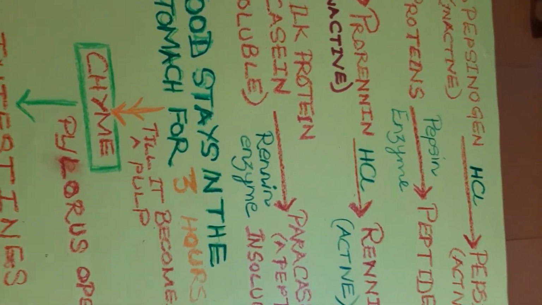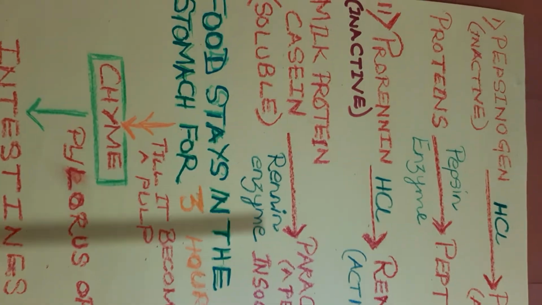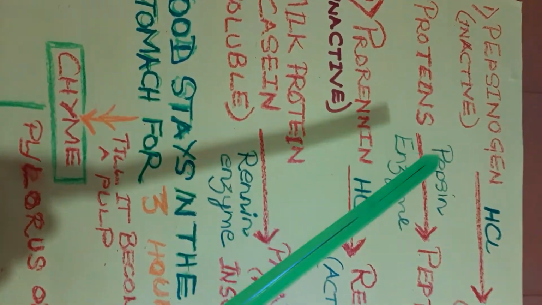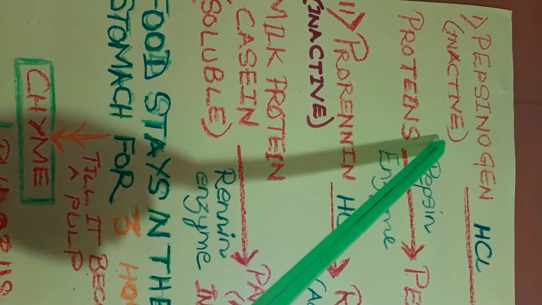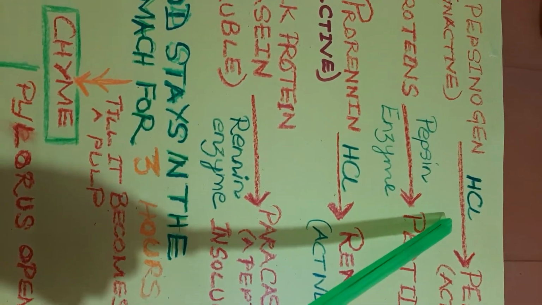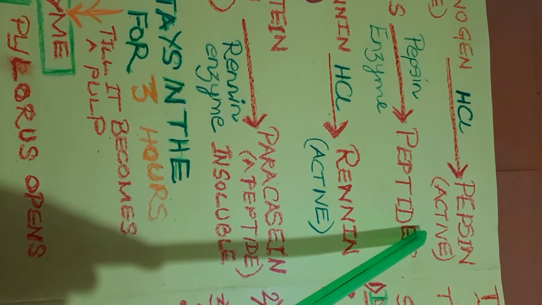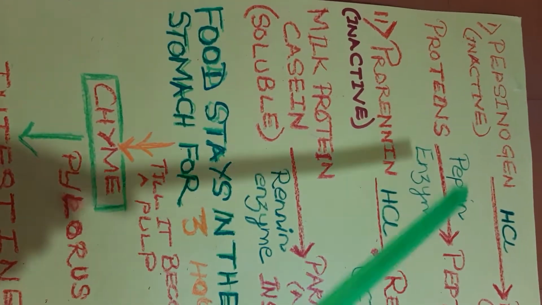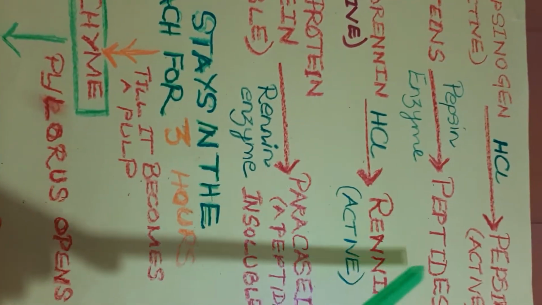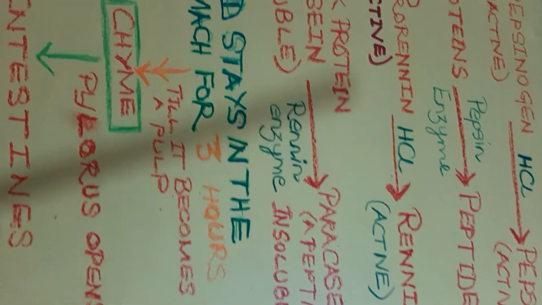In short, pepsinogen is inactive. All this is happening in the stomach. In the presence of hydrochloric acid, pepsinogen turns into pepsin, which is active. That pepsin acts on proteins and changes them into peptides.